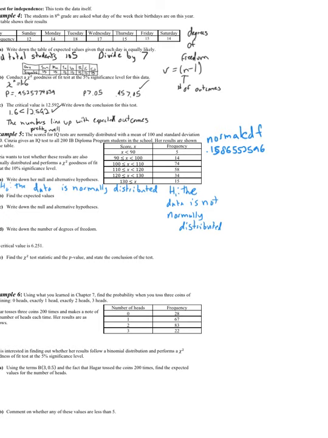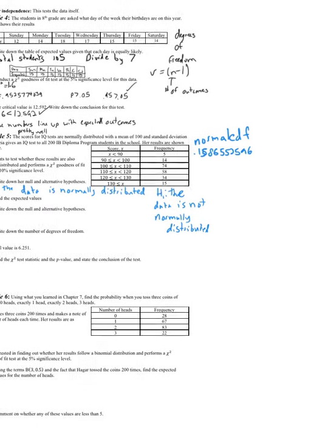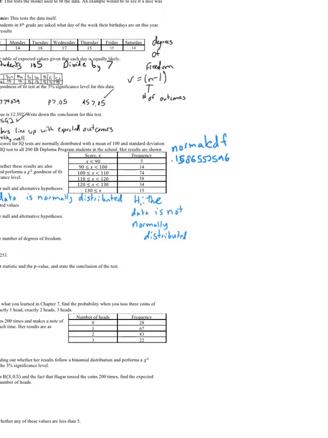Now the expected outcome: there were 200 students, right? I'm going to multiply 200 times that 0.15866. That's what I'm going to do for expected values. So I'll do my score and my expected.